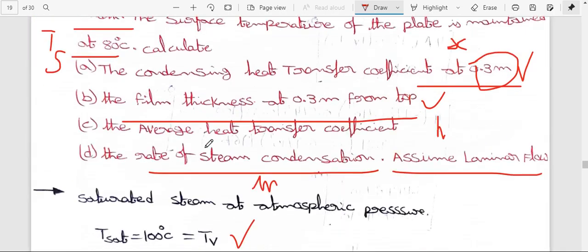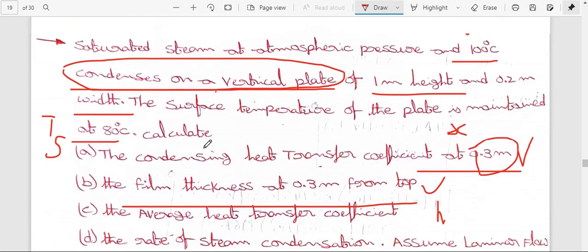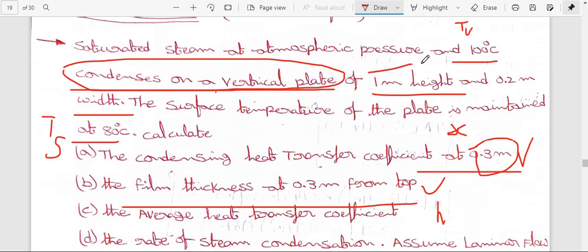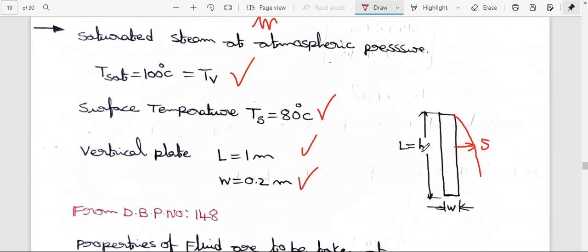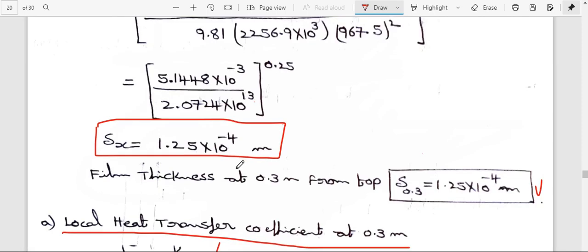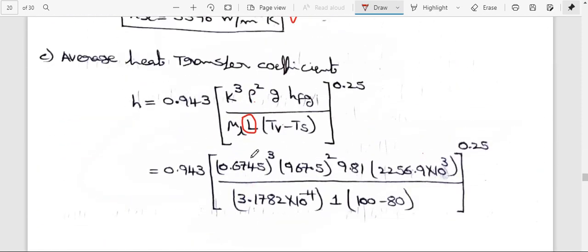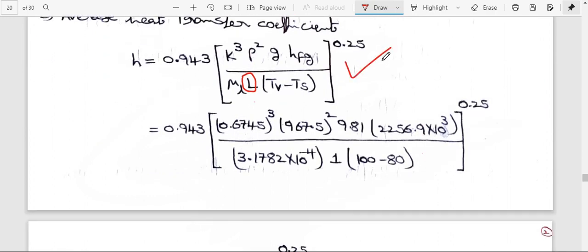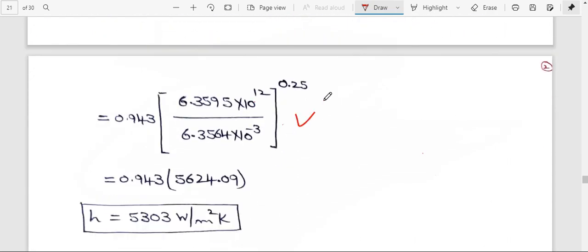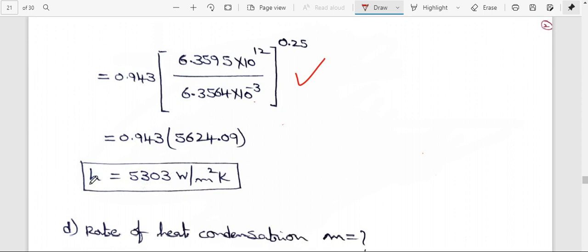So in this question, what is the L value? The flat plate is 1 meter of height. So this is the L value. So here L is equal to H equal to 1 meter. That's why I am considering L value equal to 1. I can substitute all these values in this formula. So after substituting these values in this equation, the H value is 5303.